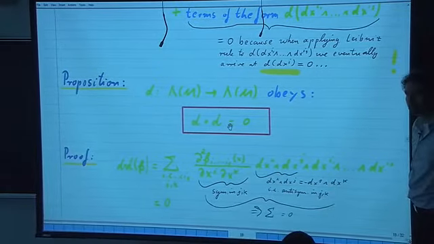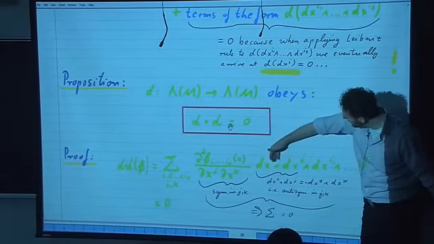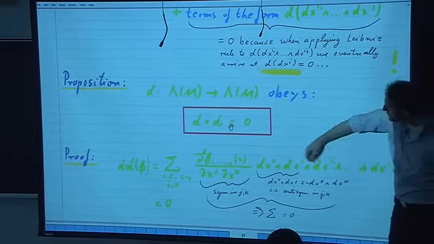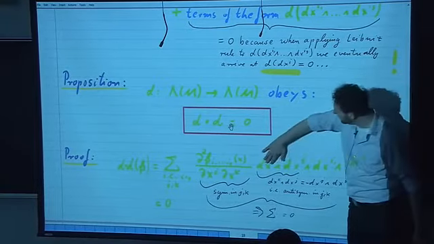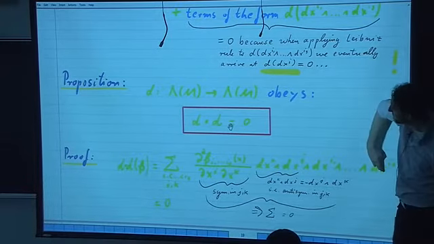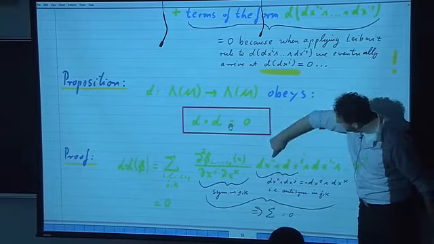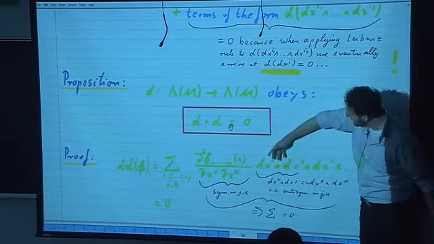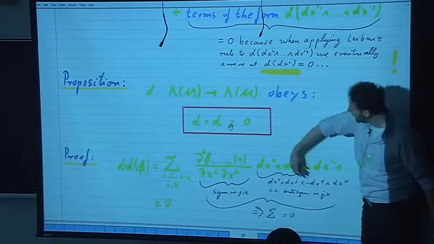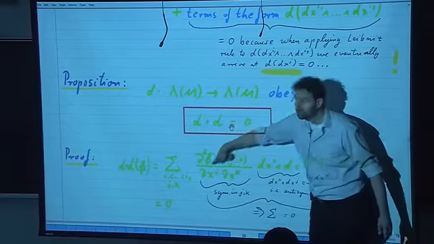Why? It's 0 because these guys are antisymmetric. You remember the wedge is antisymmetric for basis vectors of the tangent space. So in particular, this business here is antisymmetric in k and j. If you write the j here and the k over there, I mean, if this is 1 and this is 2, then this is the same thing as if it was 2 and 1 up to a minus sign. But partial derivatives are symmetric.